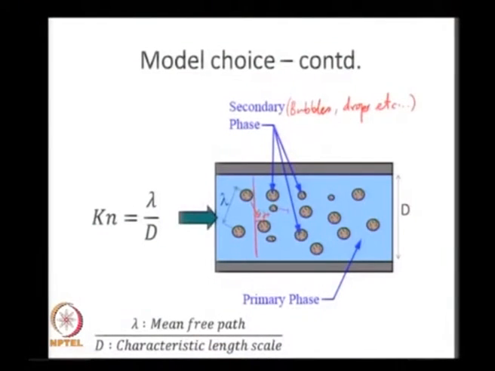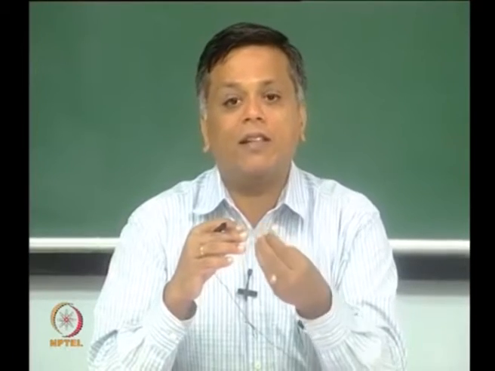That is one free path. If I sit in one small spatial region and sample all the free paths between individual pairs of collisions and do an arithmetic mean over all the free paths, that gives me an indication of the average distance travelled between two collisions by any given bubble. This is called the mean free path.